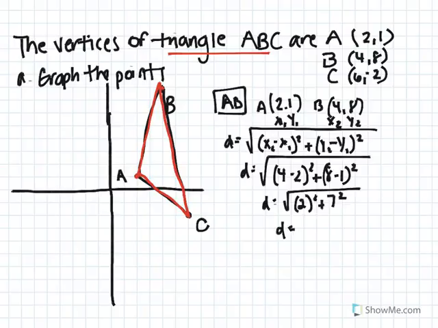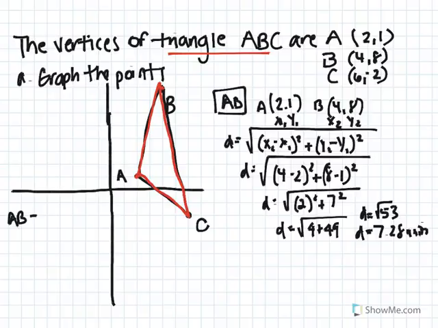I'm going to get distance equals the square root of 4 plus 49. Distance equals the square root of 53. Distance equals 7.28 units. So the length of AB is going to be 7.28 units.